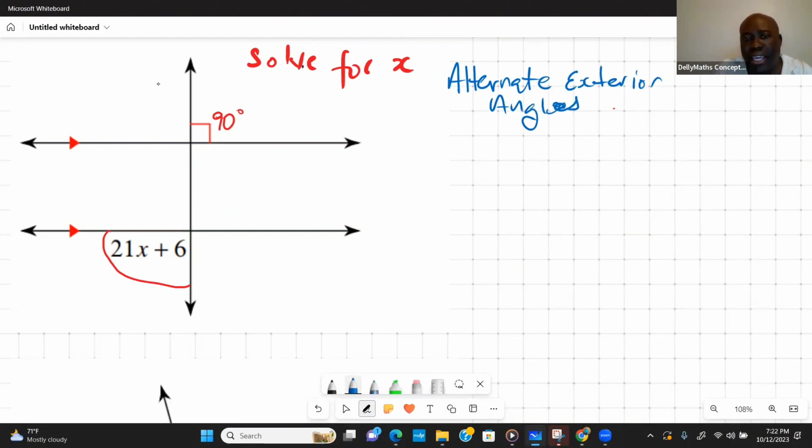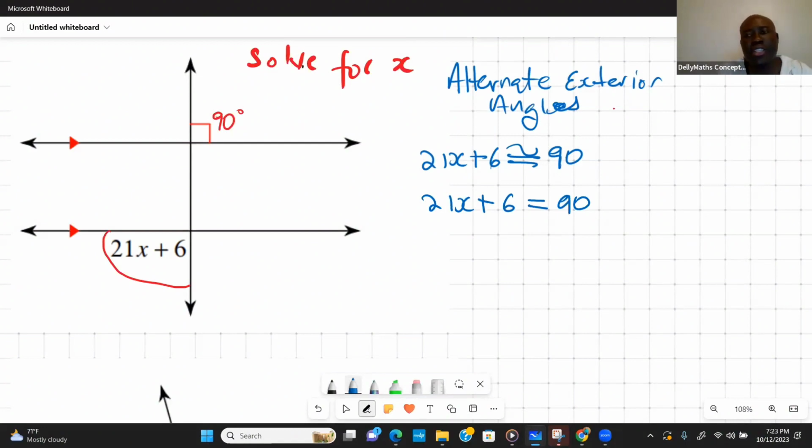So then I can say that 21x plus 6 is congruent to the 90-degree angle. Congruence suggests that they're equal.